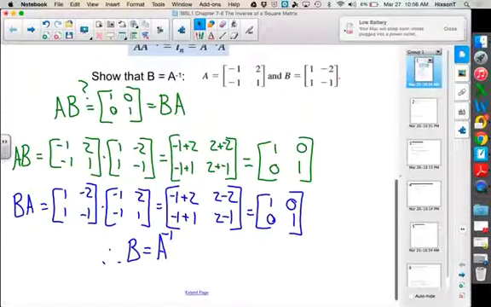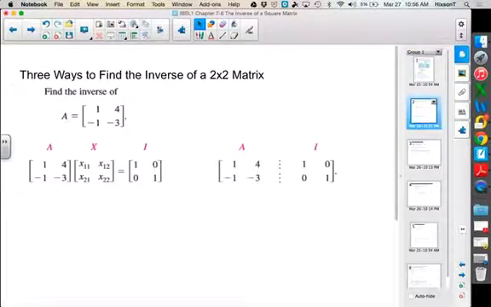to finish up here, I want to just look at 2 by 2 matrices only. Okay? Only 2 by 2 matrices. And there's actually 3 different ways we could find the inverse of a 2 by 2 matrix. Two ways you can use even if you have 3 by 3 matrices, 4 by 4 matrices, any size matrix.